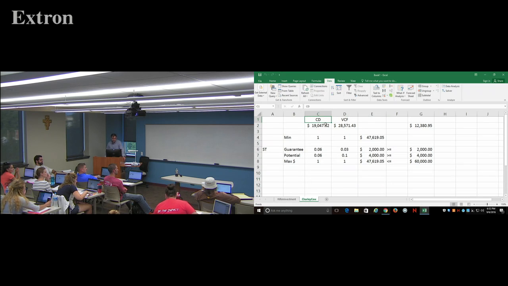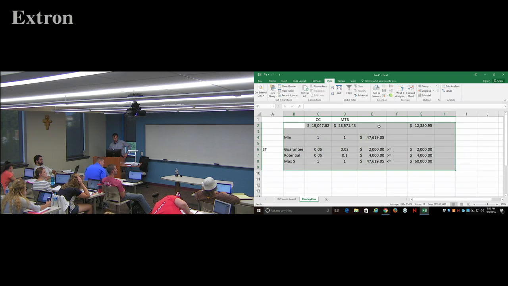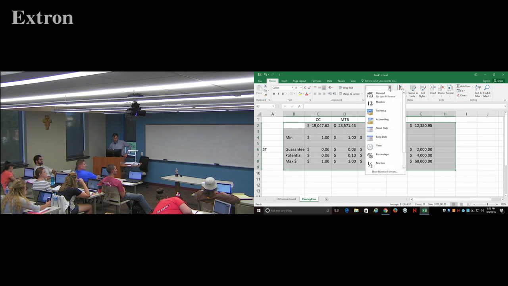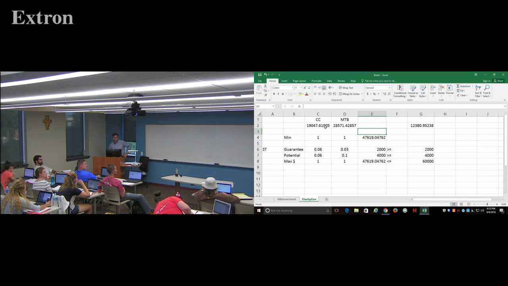And I only have the 2 decision variables, which is good. So I'm going to say this is now cow chow, this is now Mootown buffet. I'm going to get rid of all the dollar signs, and I'll put them back when I get there. And I'm going to start out 1 and 1.